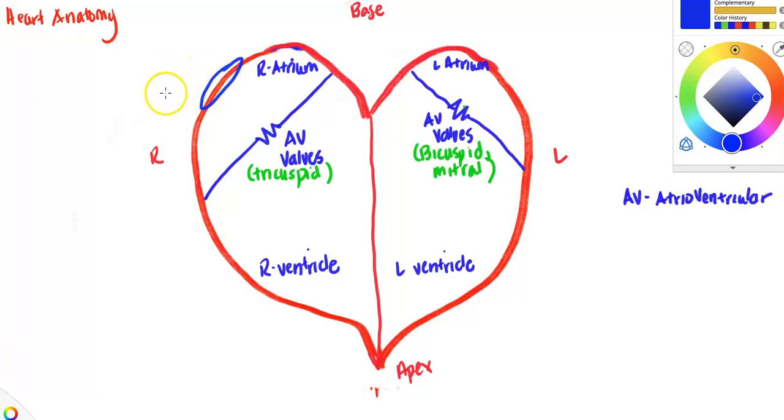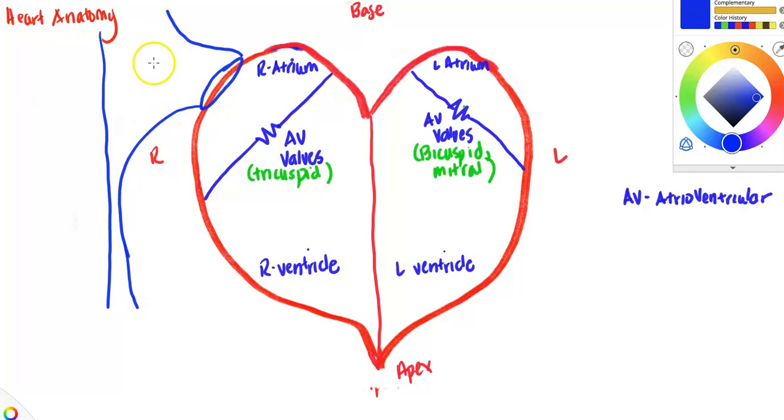So there's a big vessel that enters the atria from above the body and below it. And this is called the vena cava.